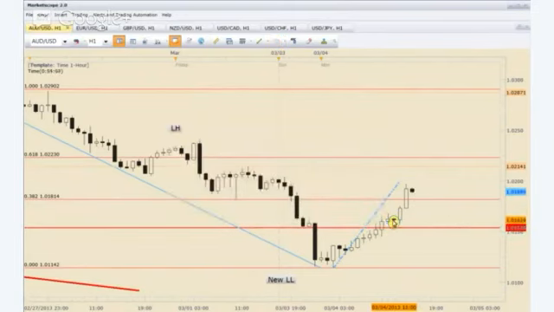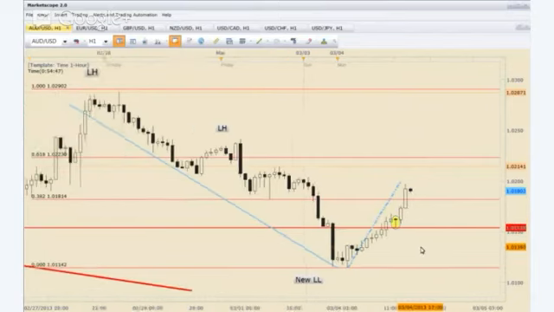This bar here came below the previous bar's low, and to be disciplined in this, when you see such a move, you see a bar like that, you say, I'm going to wait for it to close, and then based on how it is, the next bar, I'm getting in on the open.